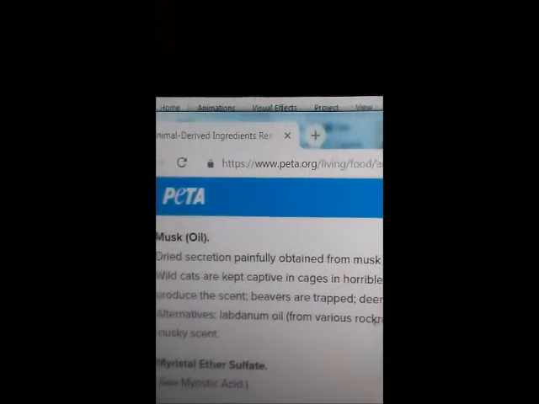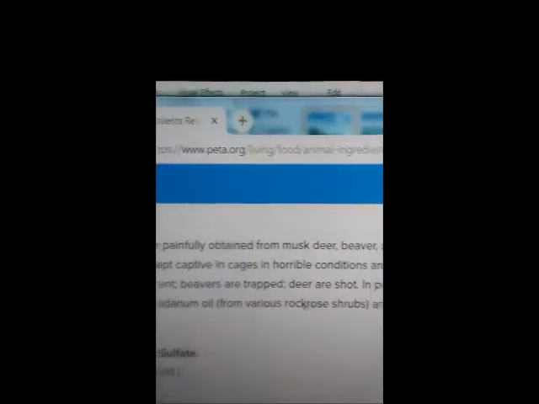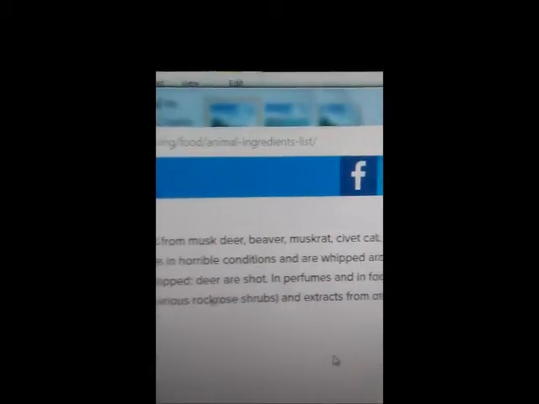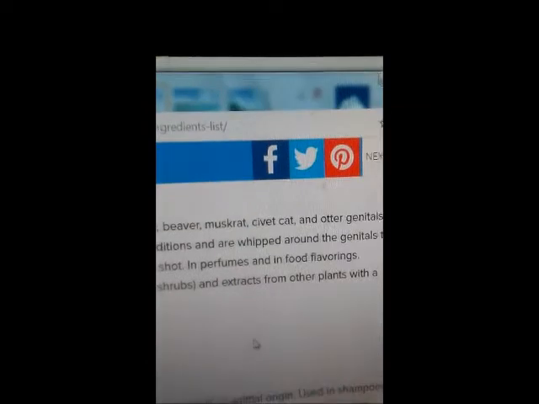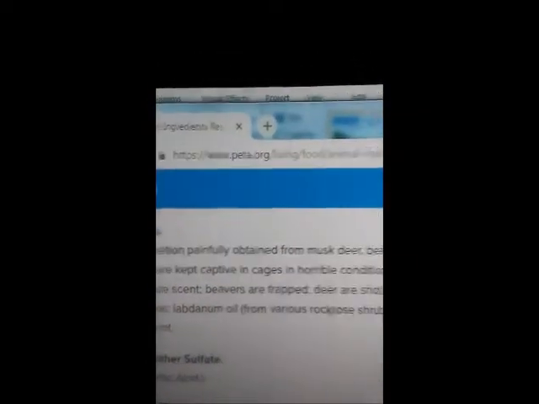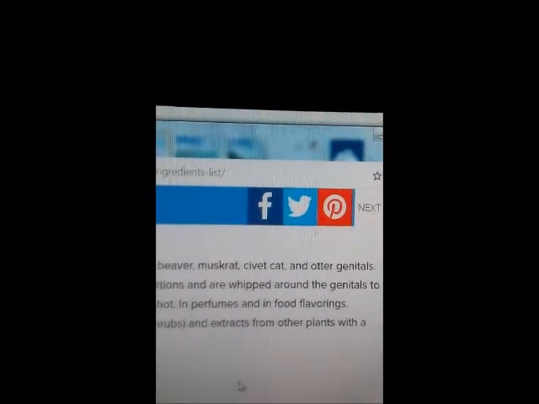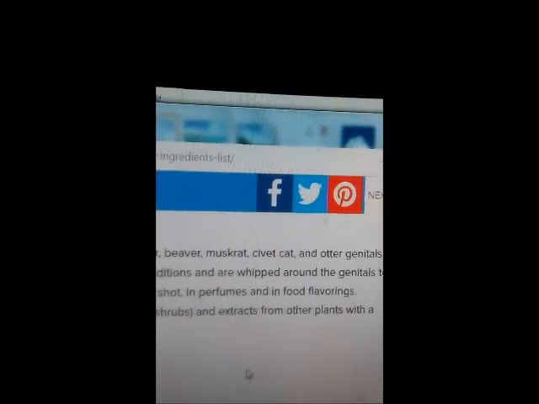Wild cats are kept captive in cages in horrible conditions and are whipped around the genital to produce the scent. Beavers are trapped, deer are shot, in perfumes and in food flavorings. Listen here, in perfumes and food flavorings.